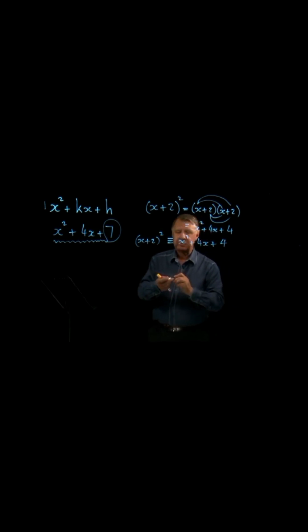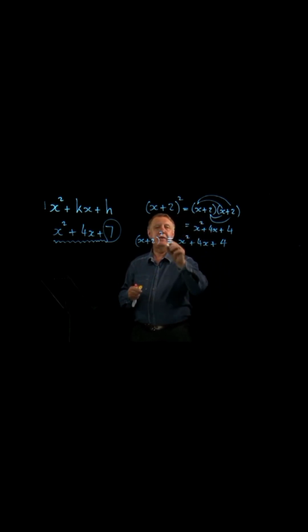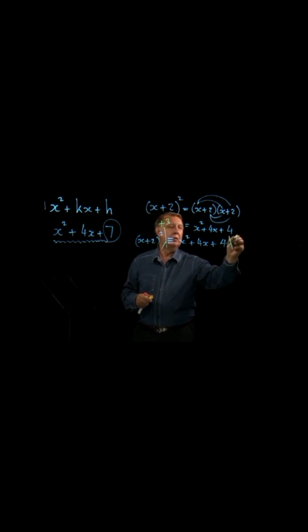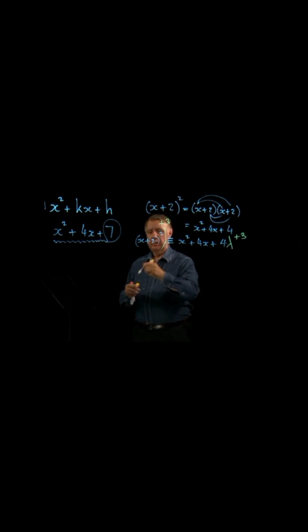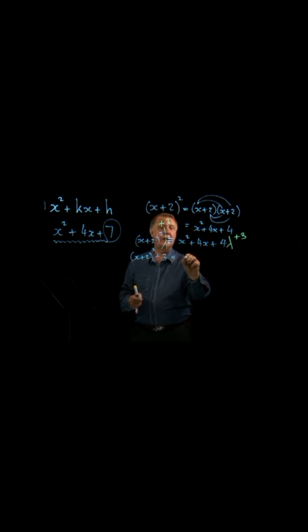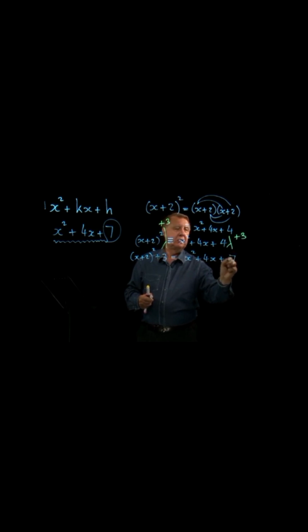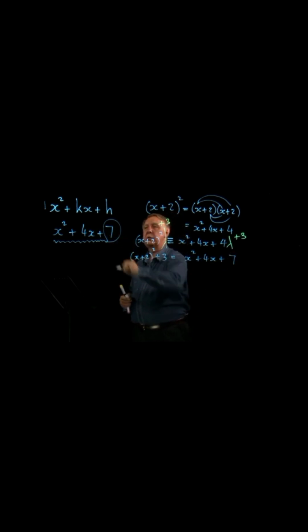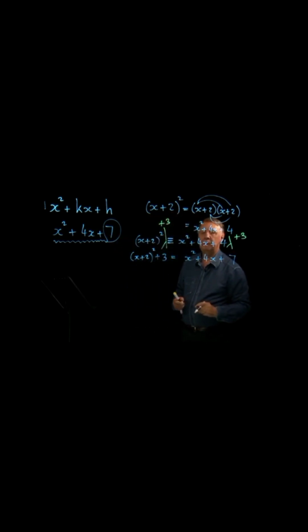If I now add 3 to each side, then I will get on the left x plus 2 squared plus 3, and on the right I get the 7, which of course is what I actually want.